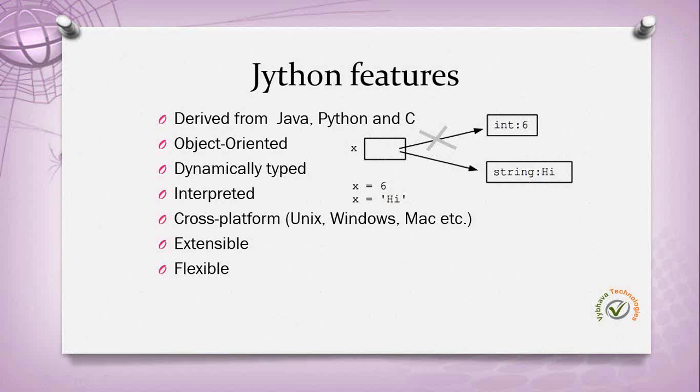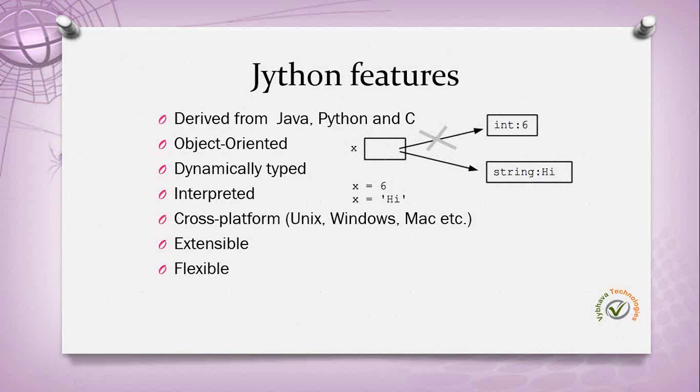Everything is one object. If you go for the Java programming language, there are two different types of variables, primitive data types and wrapper classes. Here we don't have that. Everything is automatically converted whenever there is a need.